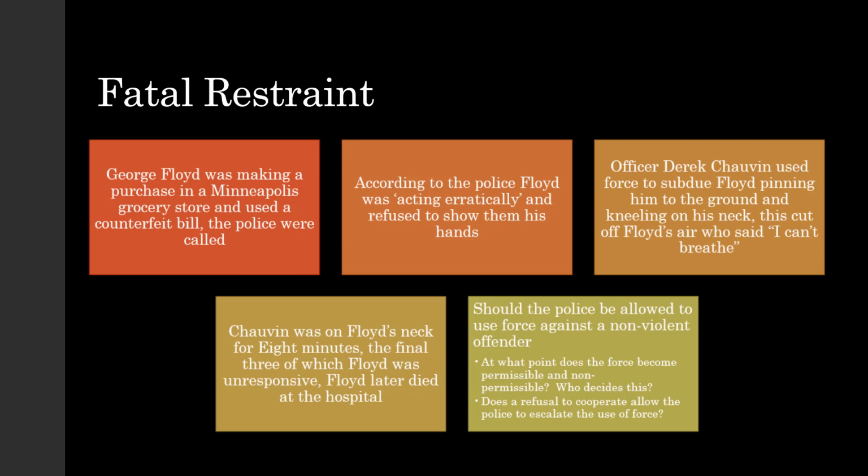While he was being restrained, Mr. Floyd said, "I can't breathe, I can't breathe." He repeated it. Of course, the police officers doing this were white and Asian. Officer Chauvin was on Floyd's neck for 8 minutes, and he was unresponsive for the last 3 of which, he essentially had the life pressed out of him.